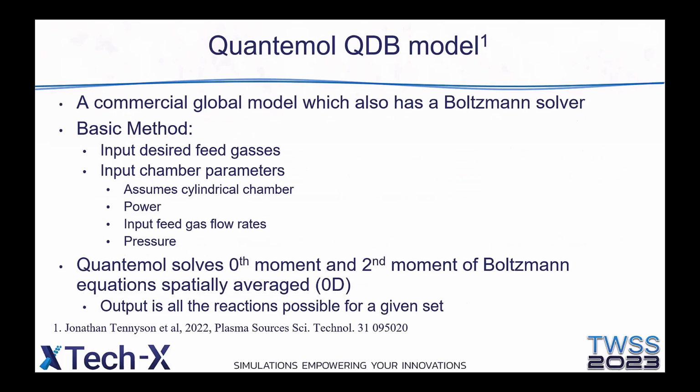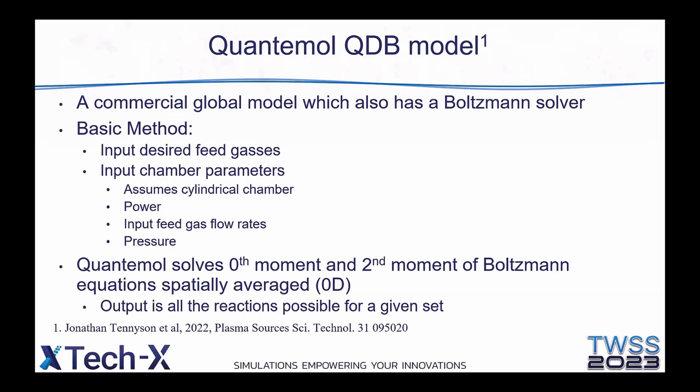The model that we've been using is Quantemol's QDB model. This is a commercial global model that has a Boltzmann solver. And it's got some inputs. So the inputs are power and gas flow rates.